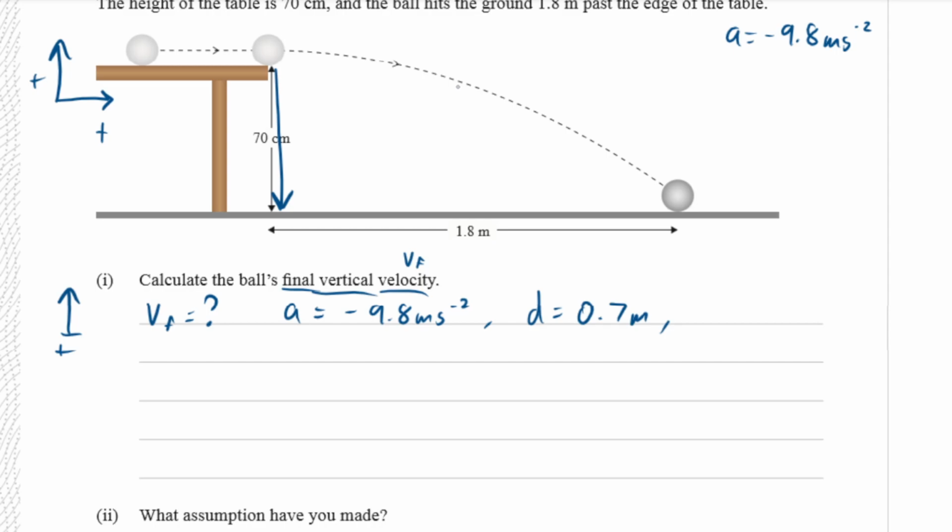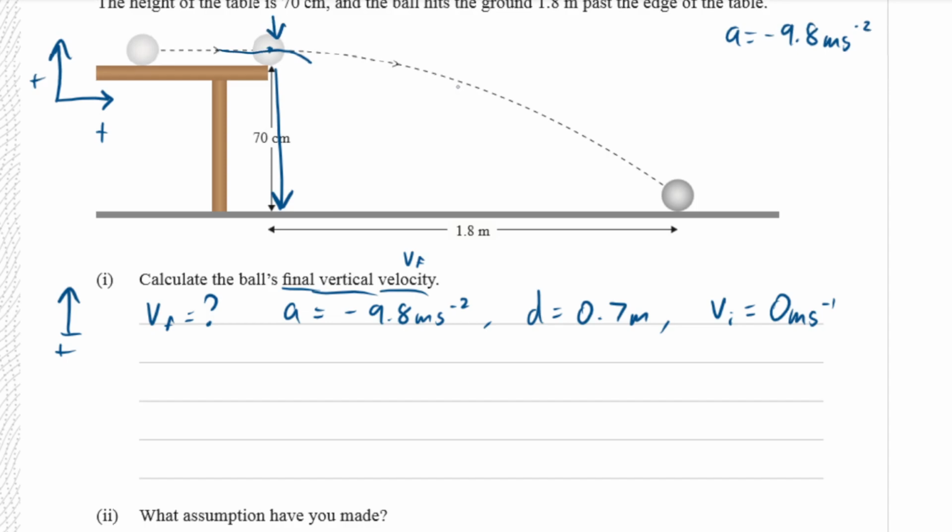Okay, that's two knowns. We need one more in order to solve for it. This one's a bit hard to see, but we can assume the initial vertical velocity is 0. In other words, when it rolls off the edge, we're not pushing it down with some extra speed.